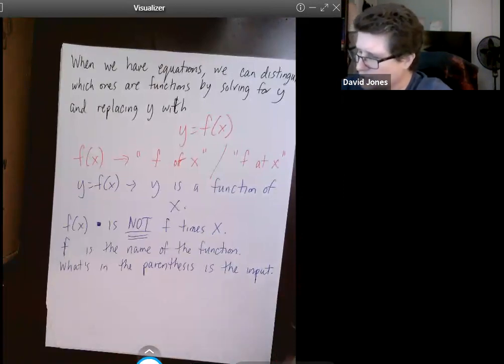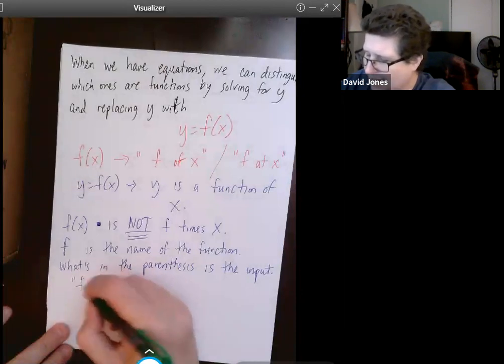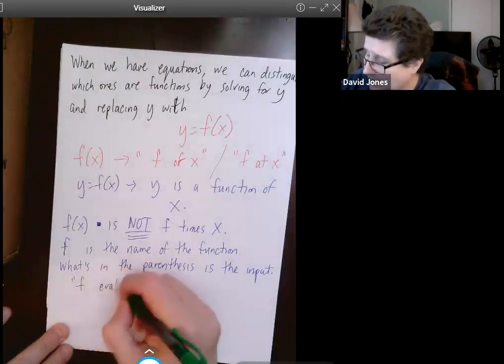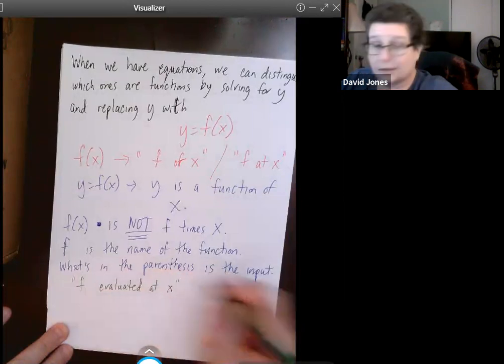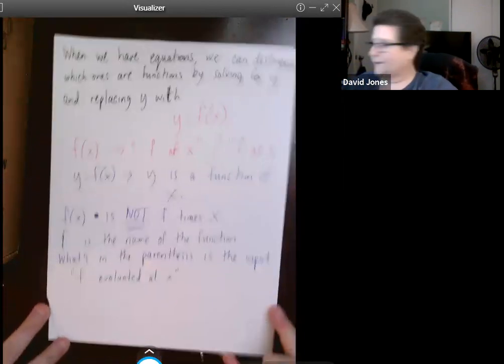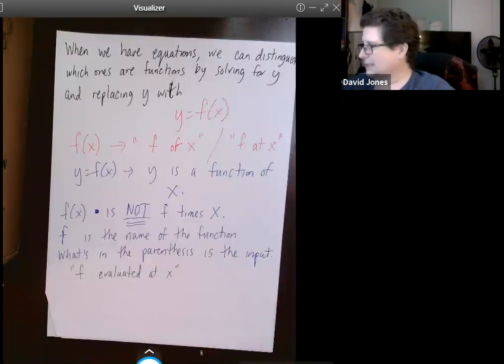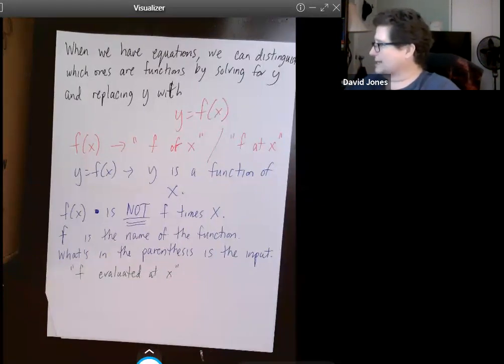You might also see f evaluated at x. That's another way of looking at it. It's a little clearer on what we're doing. If I have a number plugged in, then I'm evaluating that function where x equals that number.